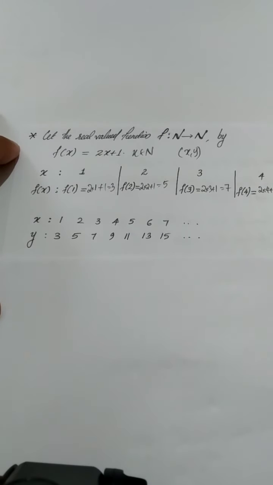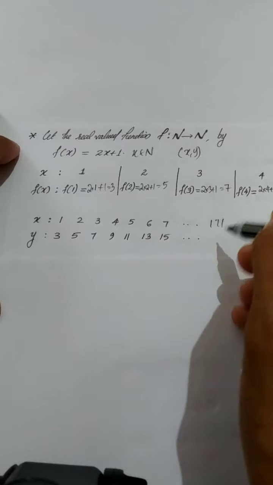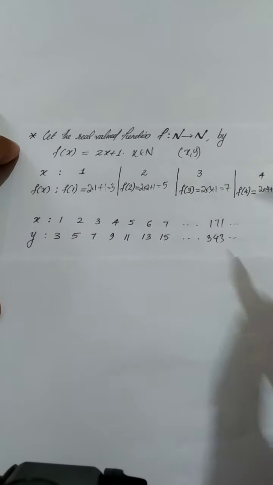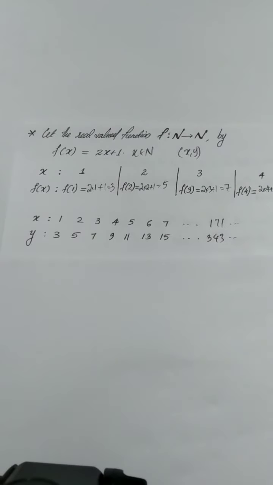And also here, image of 171 is equal to 343 and so on. This is not finite, this is an infinite set. So we can find infinite numbers here and also infinite images.